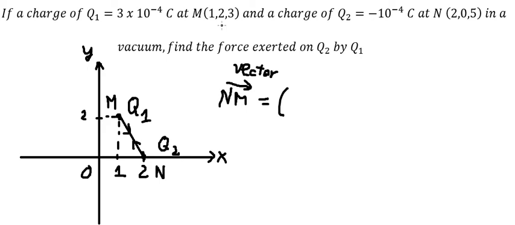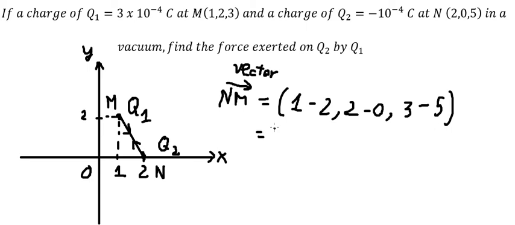M, we have 1 minus 2. M, we have 2 minus 0. 3 minus 5. So we have negative 1, 2, and negative 2.